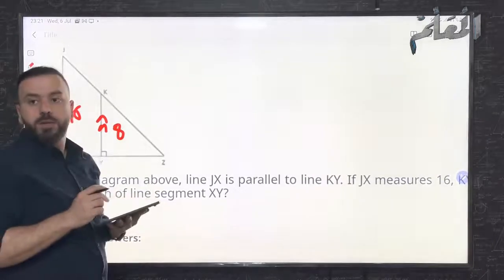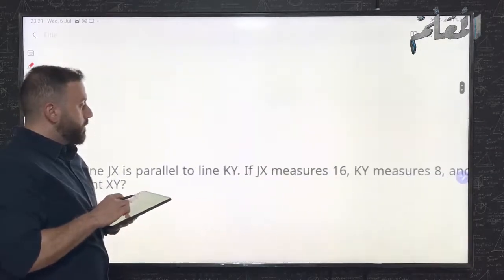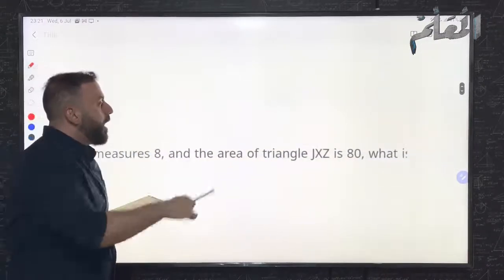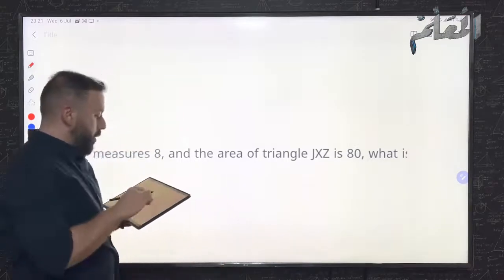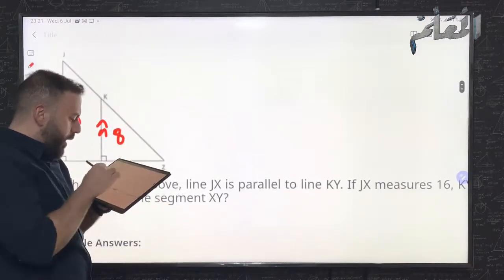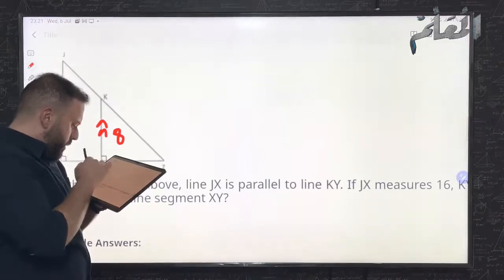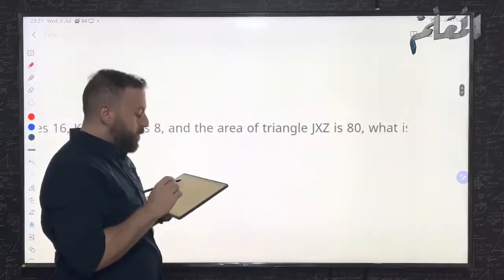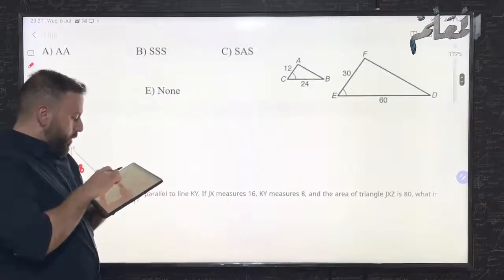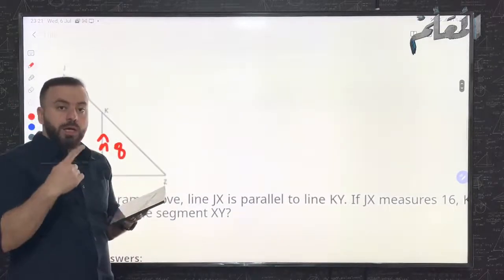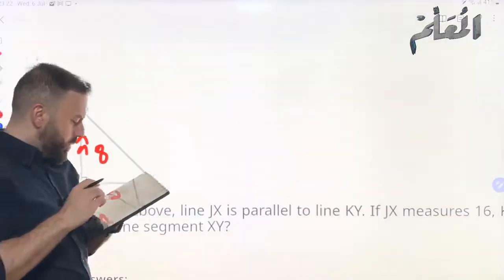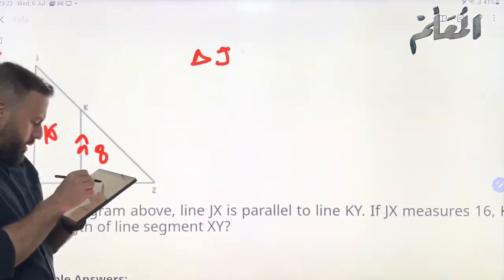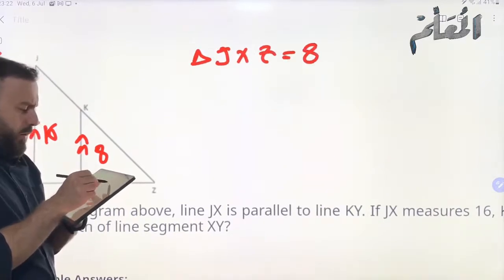So in this case, we have 8, and the area of the triangle JXZ, sorry, I'm really sorry, JXZ is equal to 80. Fine. So the whole triangle is equal to 80. Let's check how we can solve this. So the whole area of triangle JXZ is equal to 80.